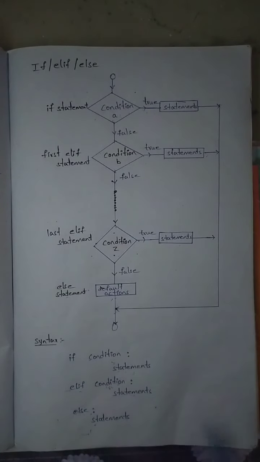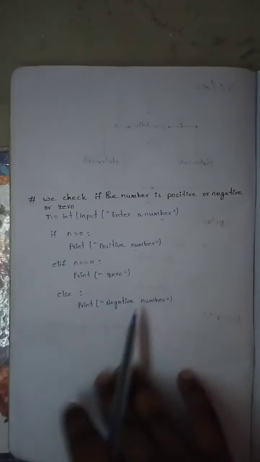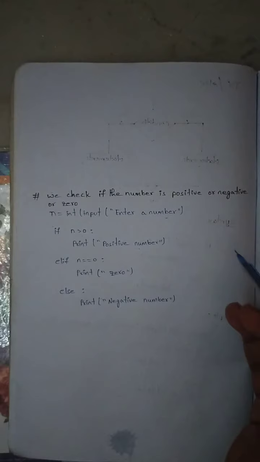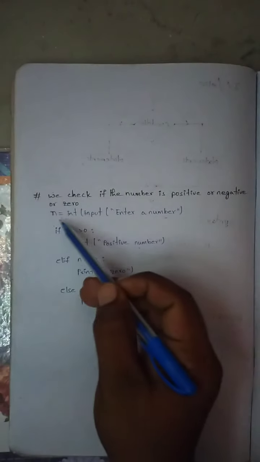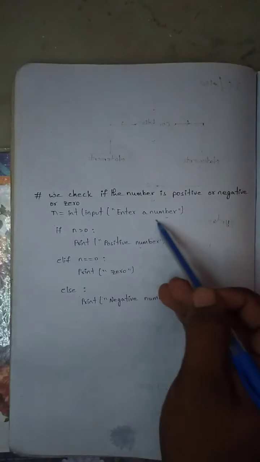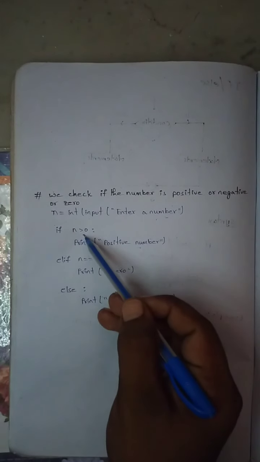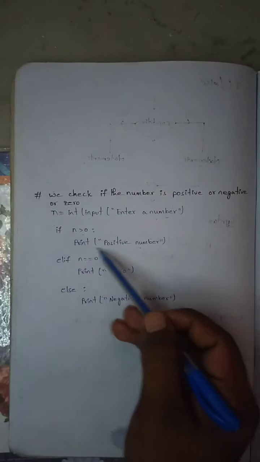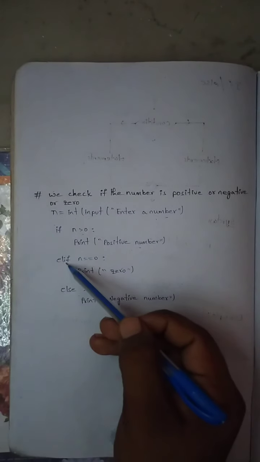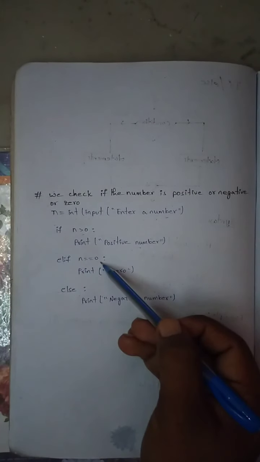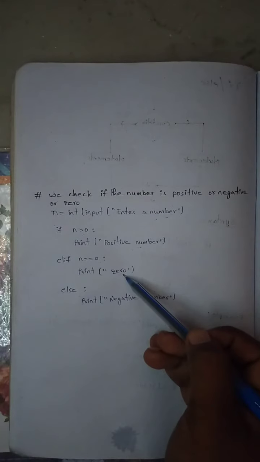Okay. Now, an example: we check whether the given number is positive, negative, or zero. Using int input, enter a number. If n is greater than 0, print positive. If n equal to 0, print 0.